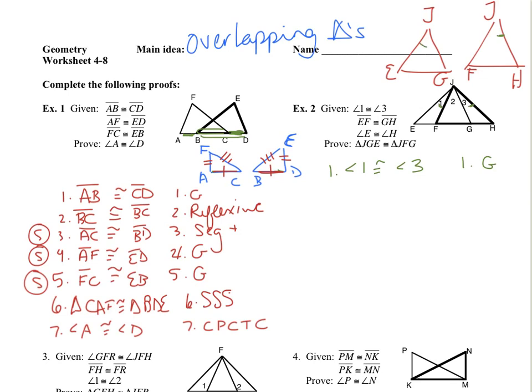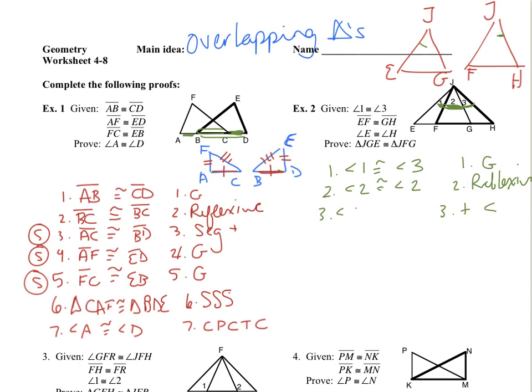Now I can see from there that we have some overlapping. So to complete this whole angle, I would have to use angle 2 here. And to complete this whole angle, I'd have to use angle 2. So I'm going to say angle 2 is congruent to angle 2 by the reflexive property. Number 3, if I'm trying to get that whole angle, I added angle 2 and angle 3. So I have angle addition to get that whole big angle.